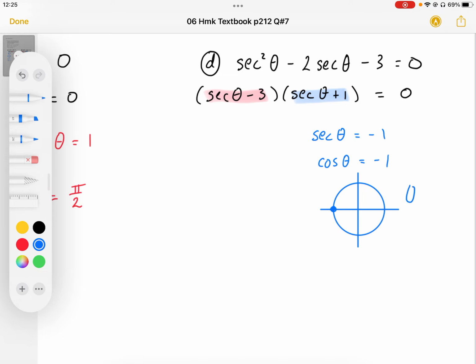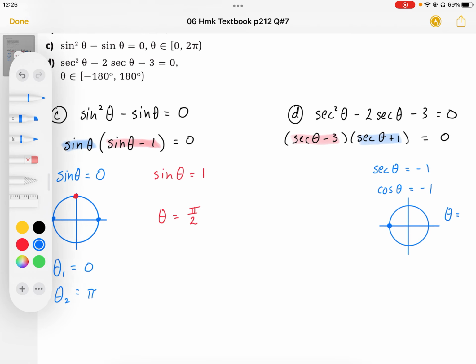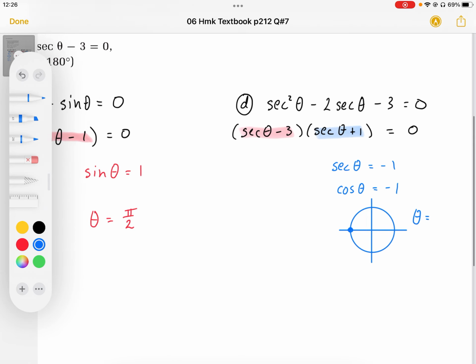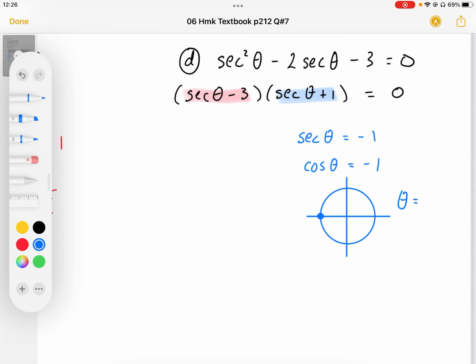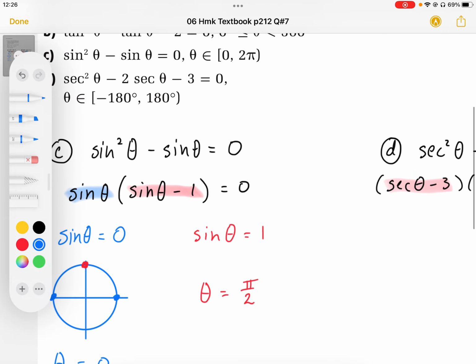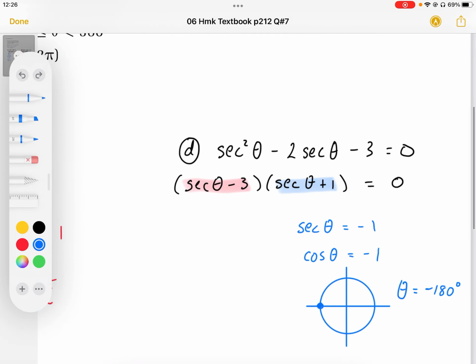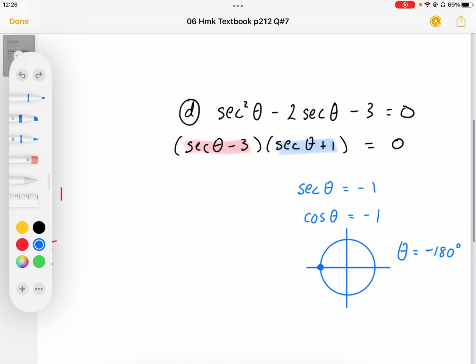So theta is equal to, and this asks me to solve in terms of negative 180 to 180, so that's going to be at negative 180 degrees, since it says here that positive 180 is not part of the domain. Okay, so that's only one solution in that circle.